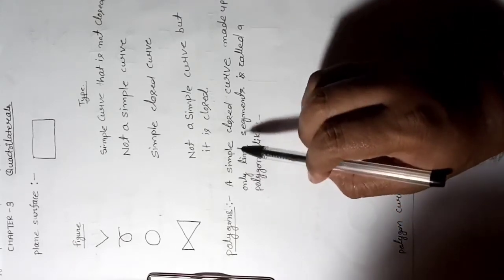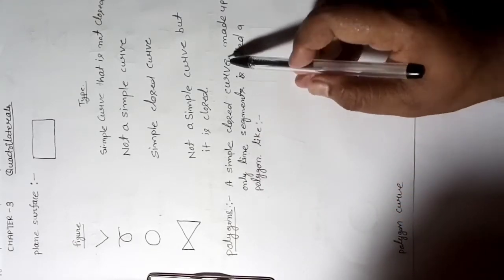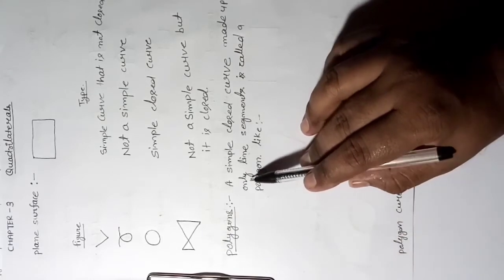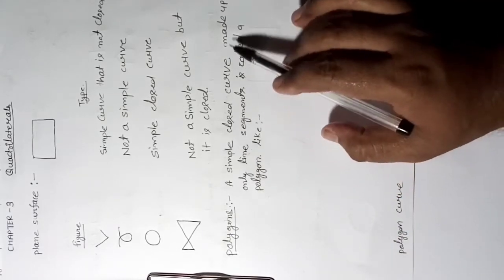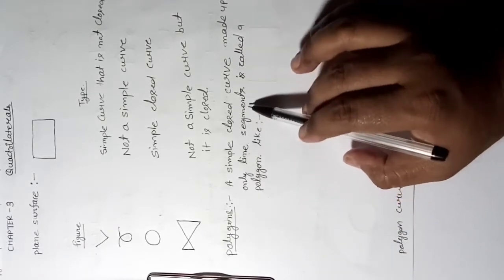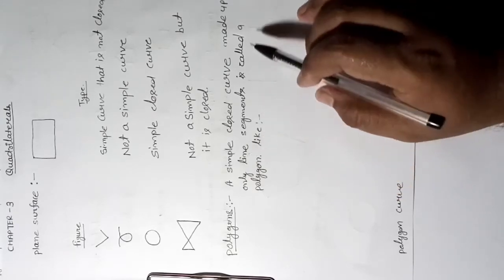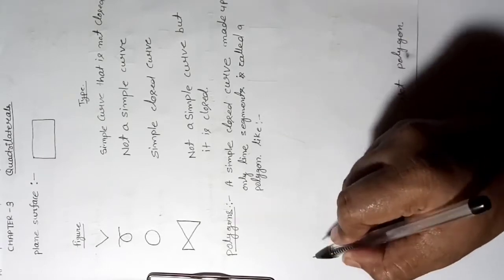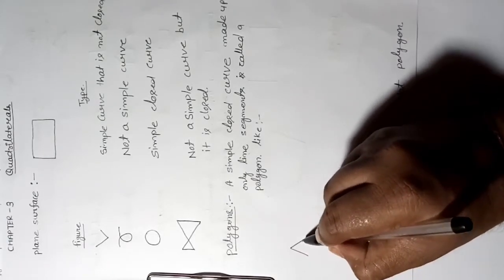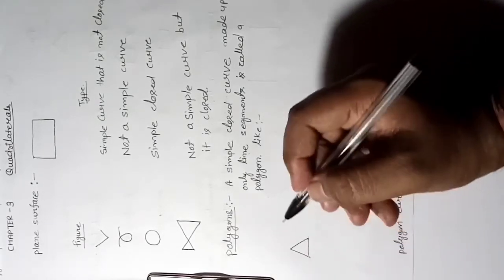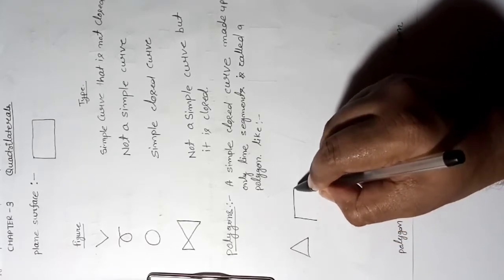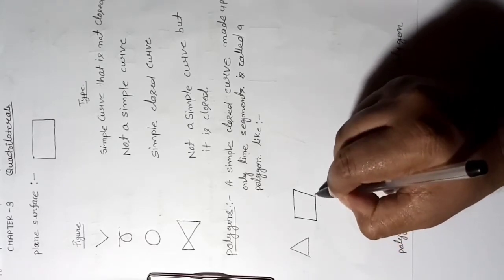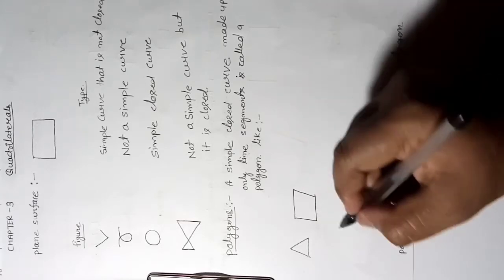A simple closed curve made of only line segments is called a polygon, right? Like your triangle is a polygon, a quadrilateral is a polygon, right?